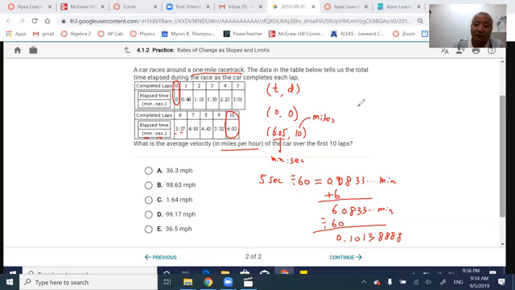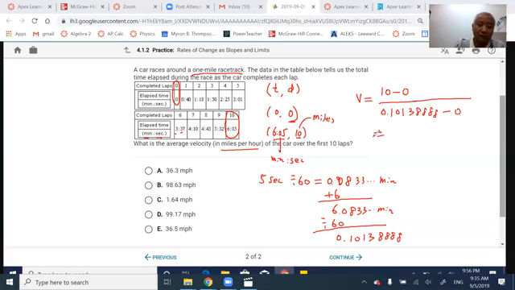And then you can find the average speed now, average velocity, okay? So the velocity will be equal to final position 10 minus 0, this one minus this one, okay? Over the time. Time is 0.101388888. Of course, this is an estimation, minus 0.